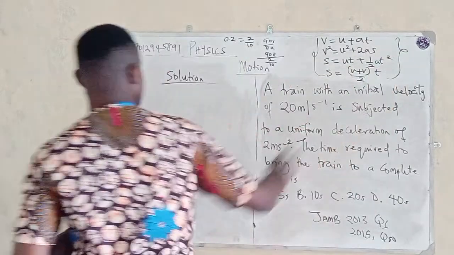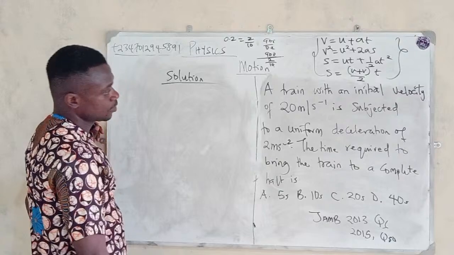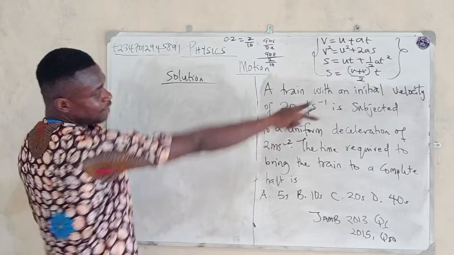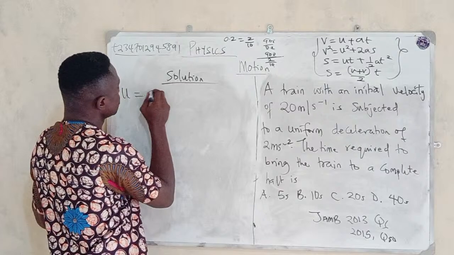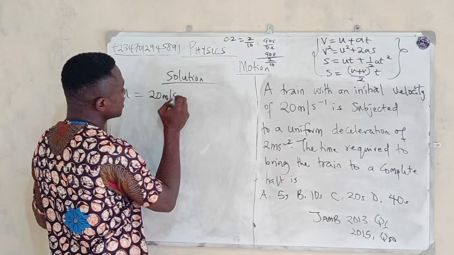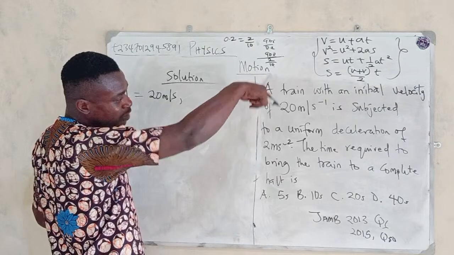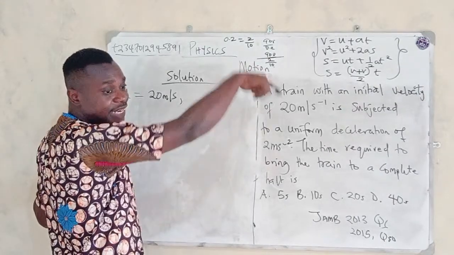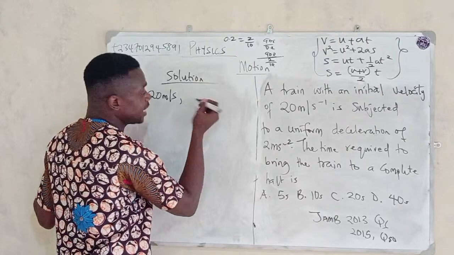Alright, so now let's write out the parameters given. Initial velocity U is equal to 20 meters per second. It is subjected to uniform deceleration, which is retardation.